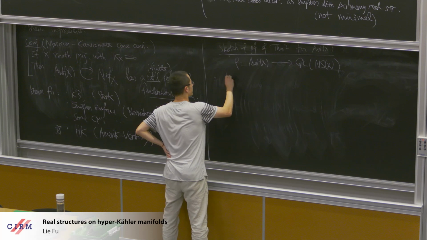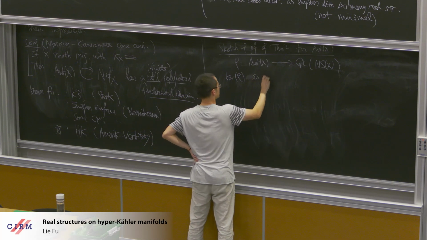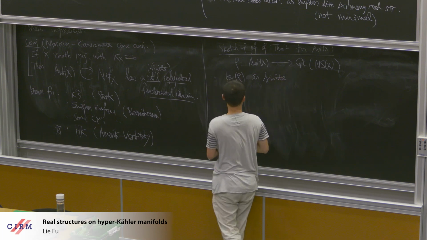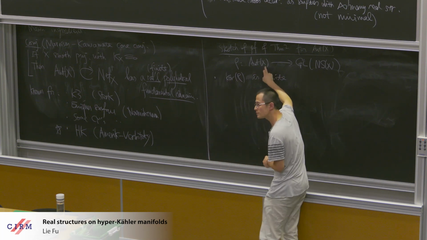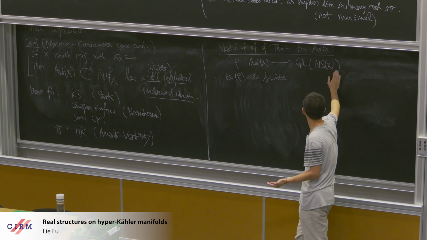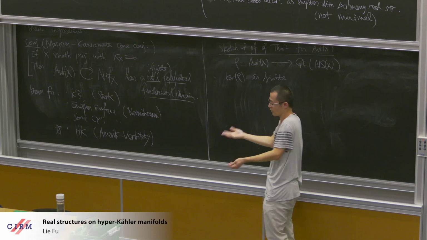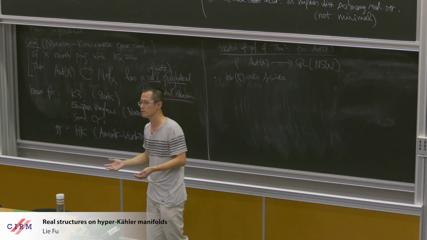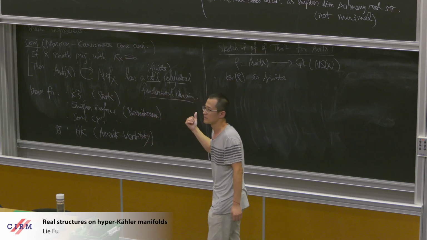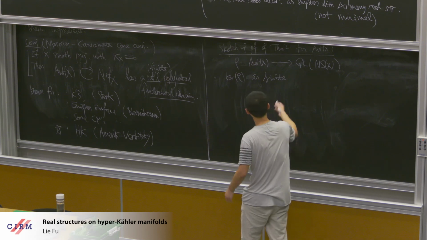The kernel is very easy to analyze. Because what is the kernel? It is an automorphism that preserves all the line bundles. So in particular, it preserves some ample line bundle. Therefore, it's a polarized automorphism group. So it's an algebraic group, but it's discrete because there is no tangent vector. So it's a discrete compact group, that is finite.